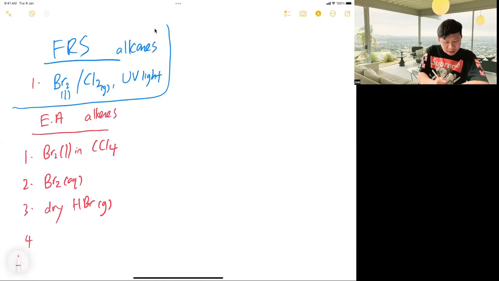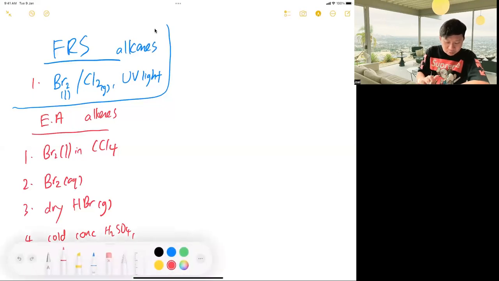And the last one is water, but you must say cold, concentrated H2SO4 followed by boiling.